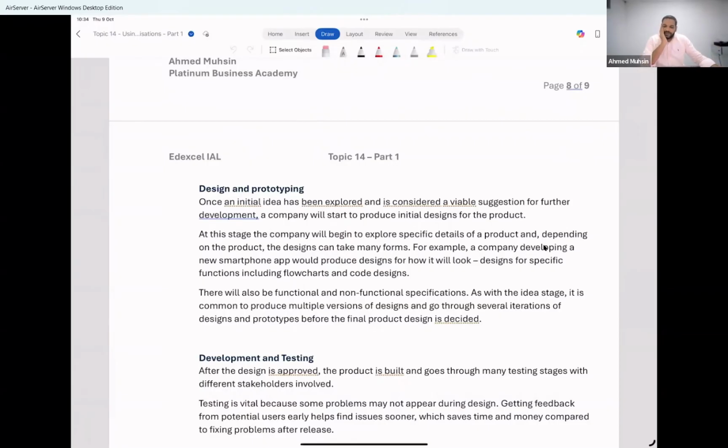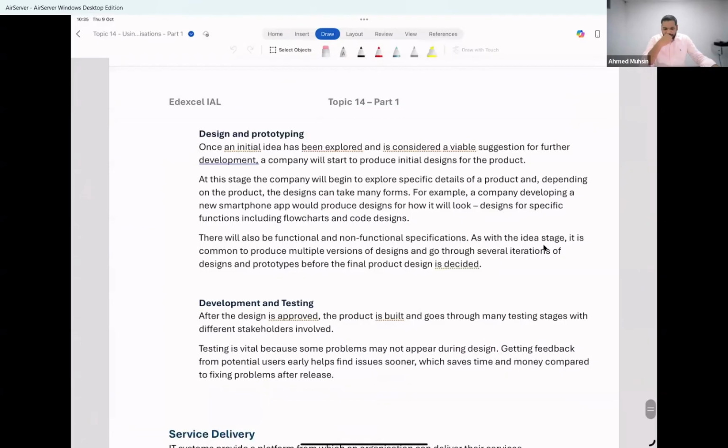For example, a company developing a new smartphone app would produce designs like I just showed you, which we call mock-ups, of how the app is going to look like. There will also be functional and non-functional specifications.